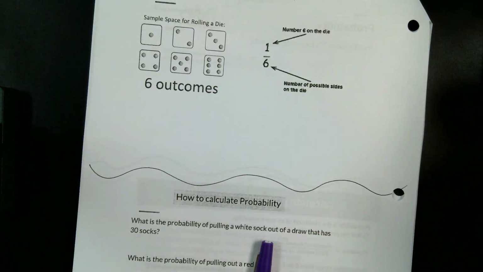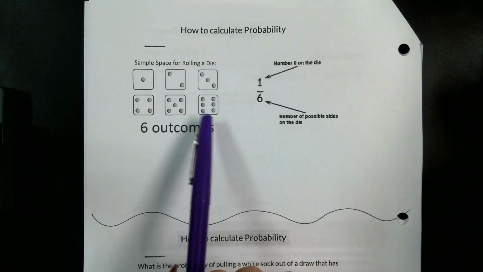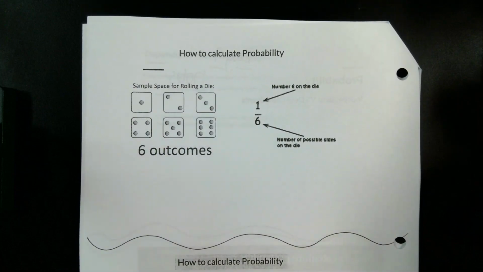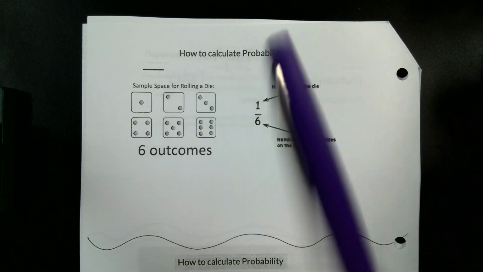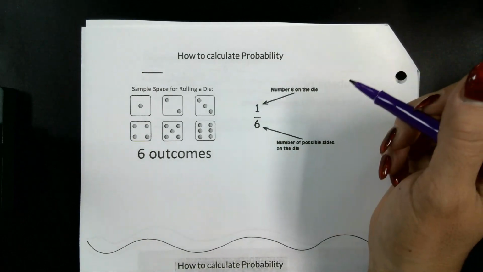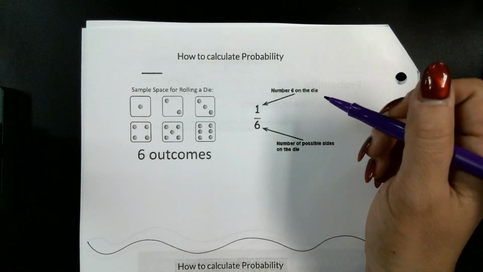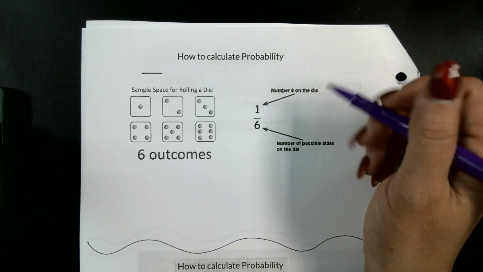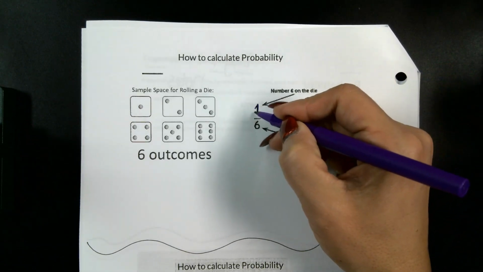All right, so we have a sample space right here for rolling a die, and it says the probability of rolling a number 6. Okay, well, how many 6s are there on a die? Just a 1, so that's where this top number came from.